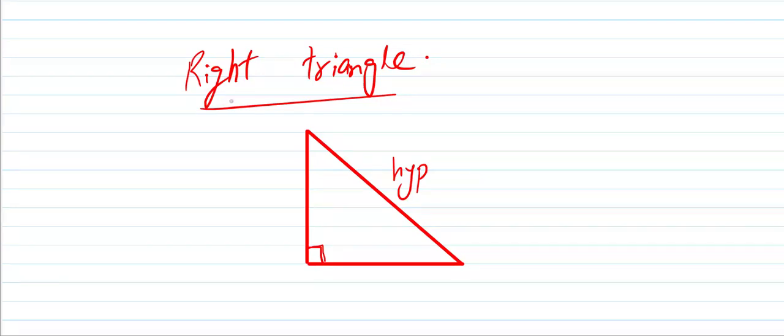In a right triangle, the side that is opposite to the right angle, we call it hypotenuse. Now, the other two sides are given names. For example, if you are considering this angle, then this will be the opposite and this will be the adjacent.